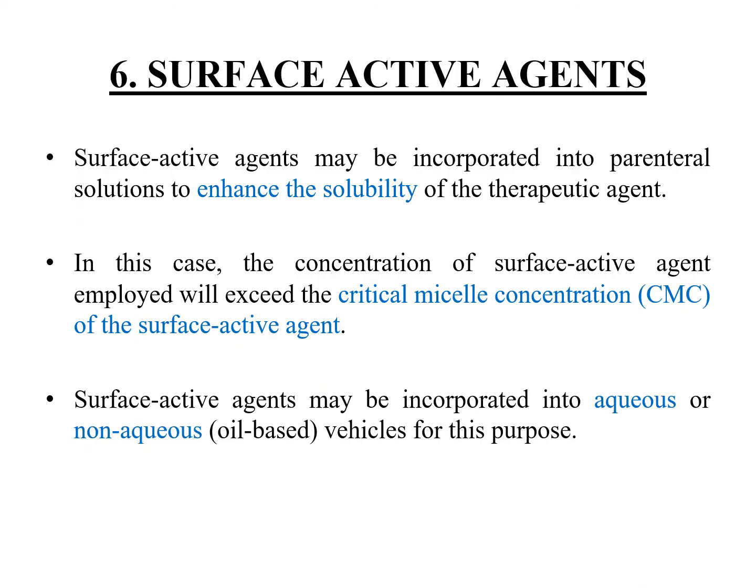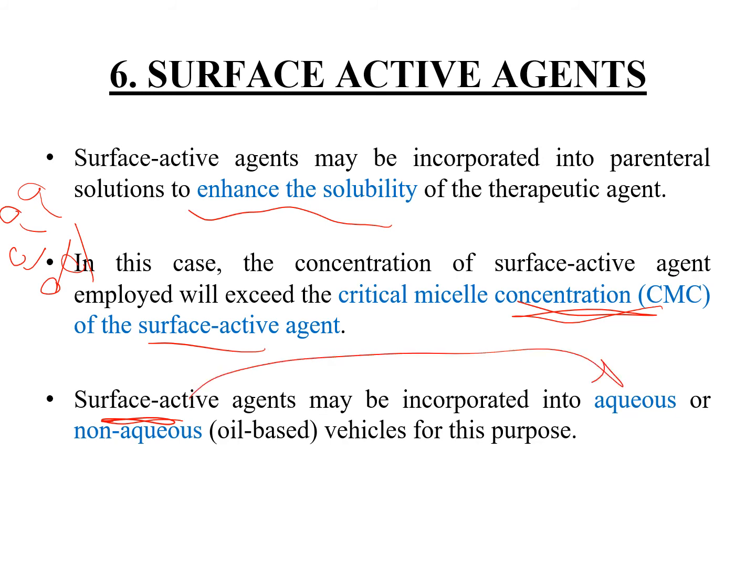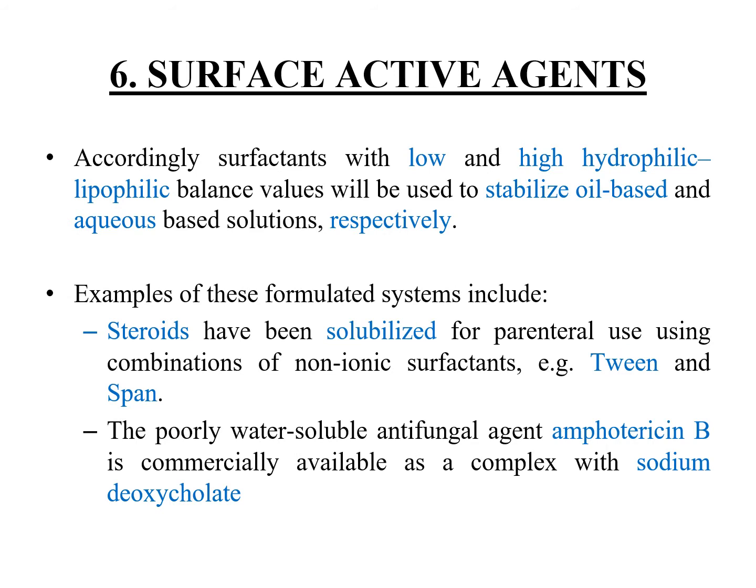Another excipient is the surface active agent, and you know that surfactants are added mainly to enhance solubility. To enhance solubility, the surfactant has to form micelles, and this should happen above the CMC. So if you are adding a surfactant to enhance solubility, its concentration should be above the CMC. And you know also that surfactants have two categories, aqueous or polar and non-polar, based on HLB.